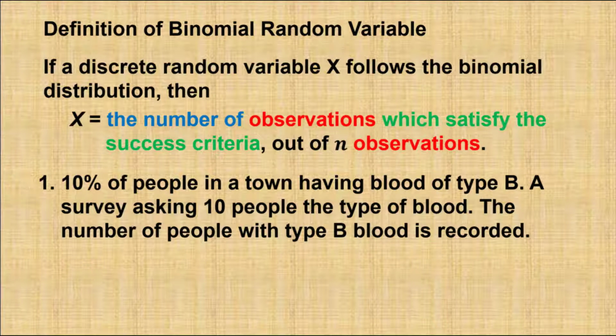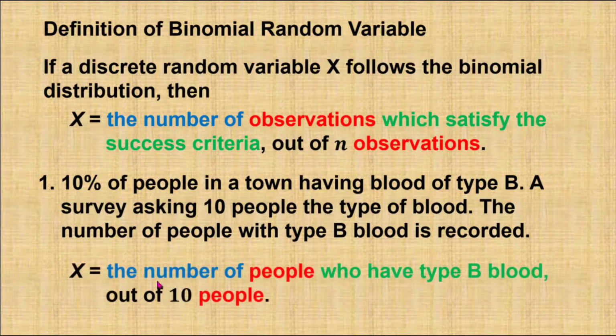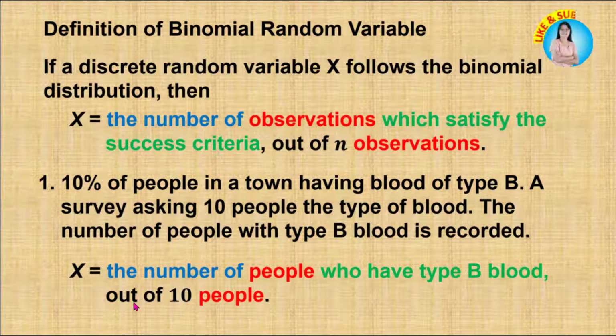Here, X can be defined as the number of people, where the observation is people, and the success criteria is that people who have type B blood are considered a success. Finally, this number of people is part of the 10 people in the sample.